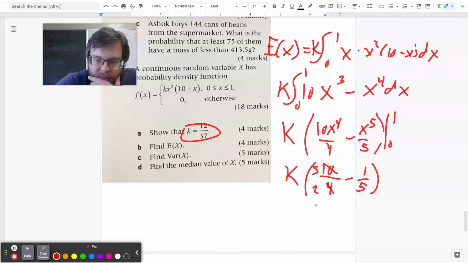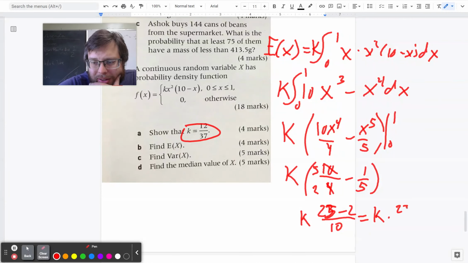So making this into 25 minus 2 over 10 times k. So we get k times 23 tenths, I guess, is the expected value.